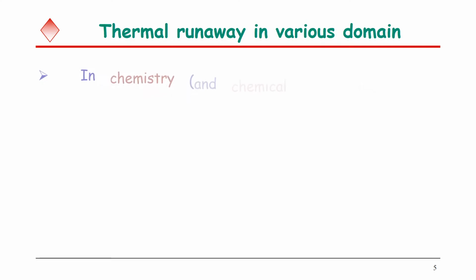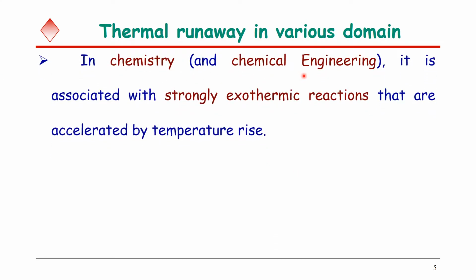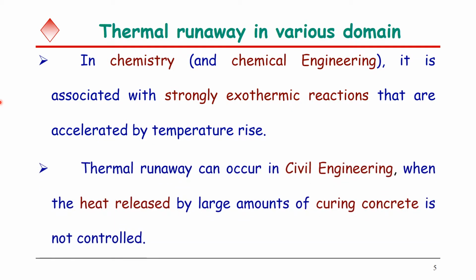The first and foremost domain is chemistry or chemical engineering, where thermal runaway is associated with some exothermic reactions which are being accelerated because of a rise in temperature. Next, civil engineering, where thermal runaway is due to the heat released by large amounts of curing concrete.